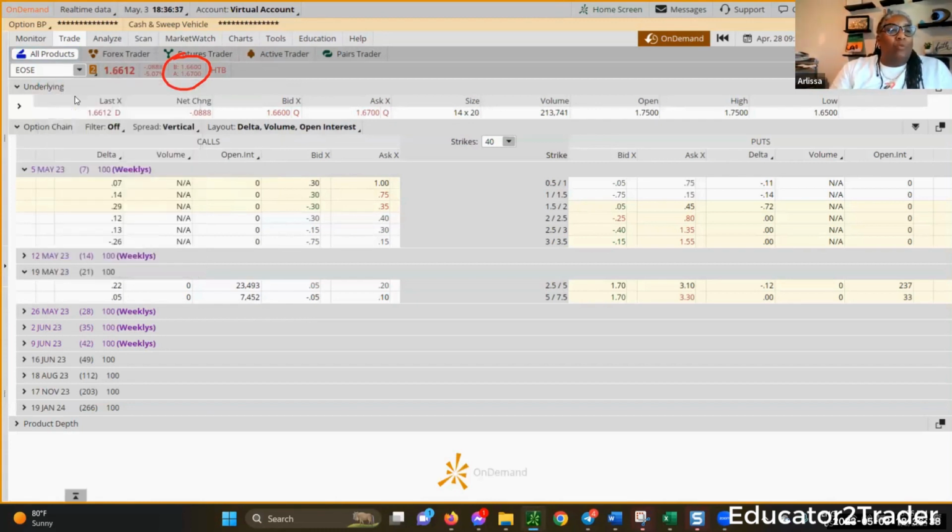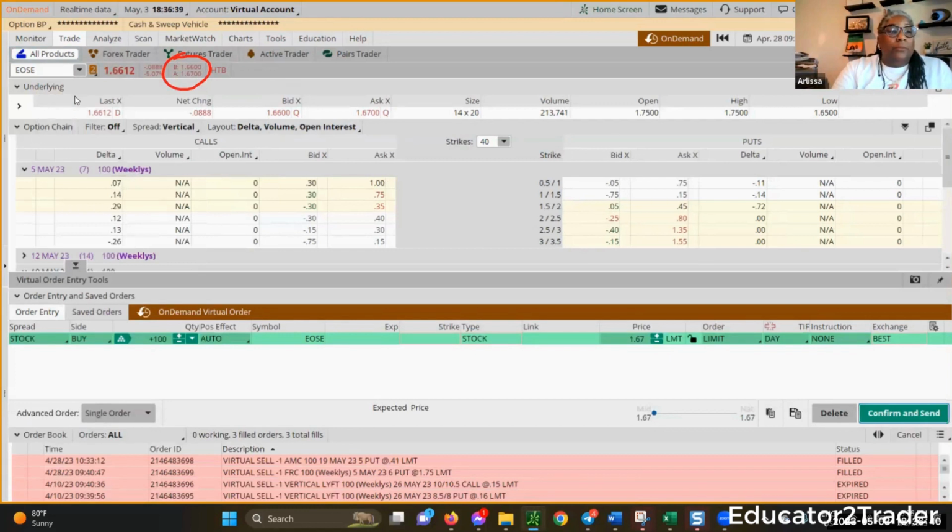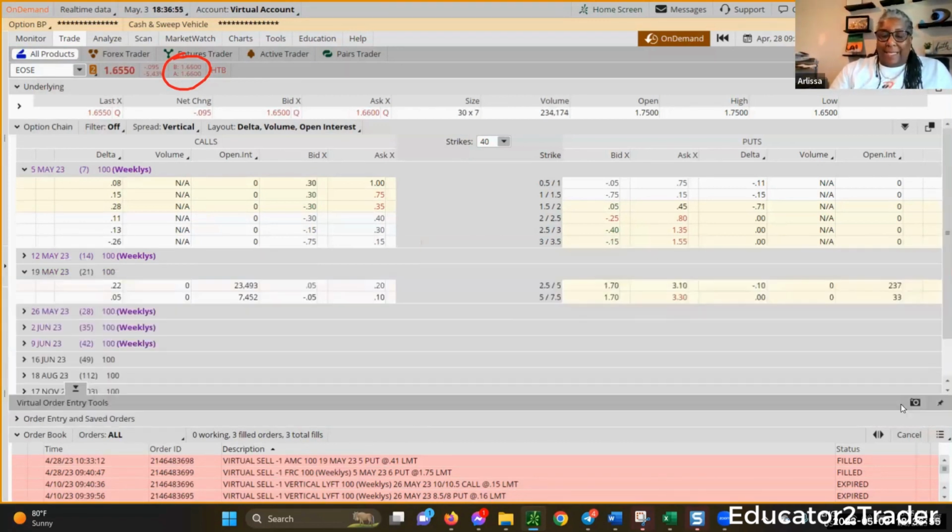You can say buy. I want to buy them at $1.67 a piece, and it automatically populates with 100 shares. You can, of course, change this number to whatever you want. But in our case, we're buying 100 shares at $1.67. We're going to confirm and send.